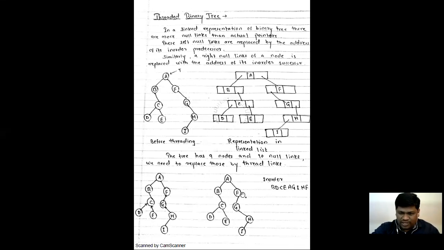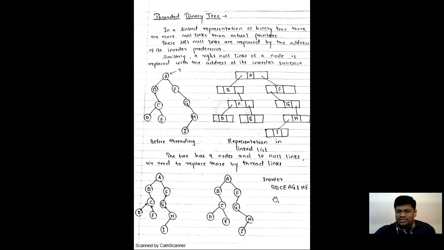C. Now what is the left pointer value here? Null. Now replace the null value by using the thread link. So what will you use here for B? Is a predecessor available for B? No.